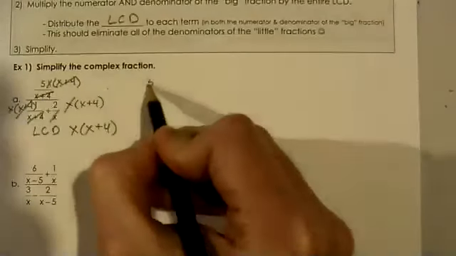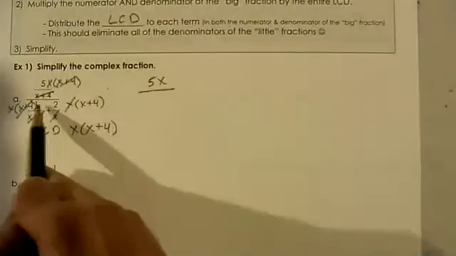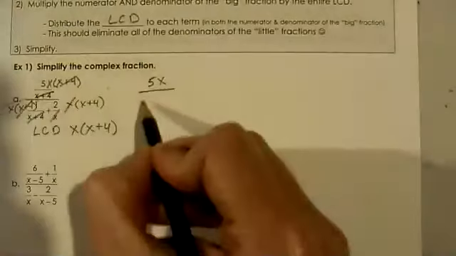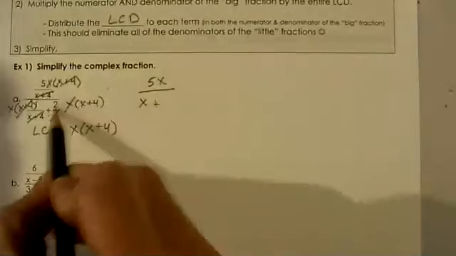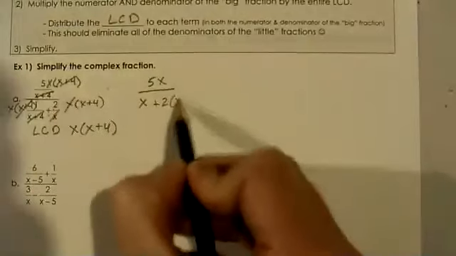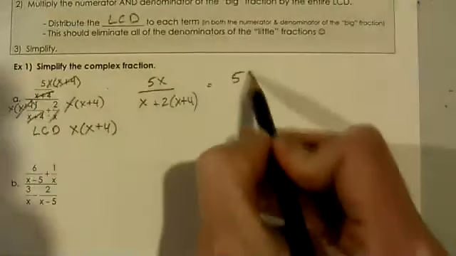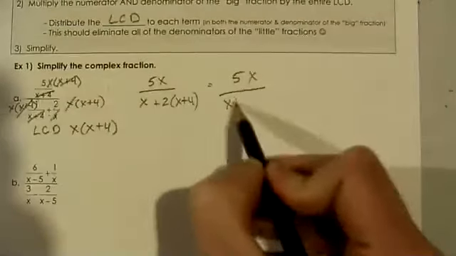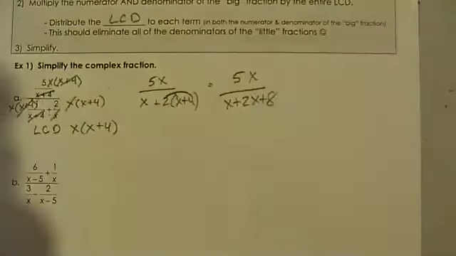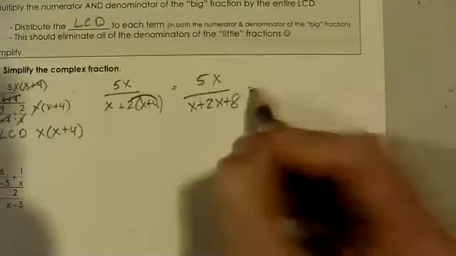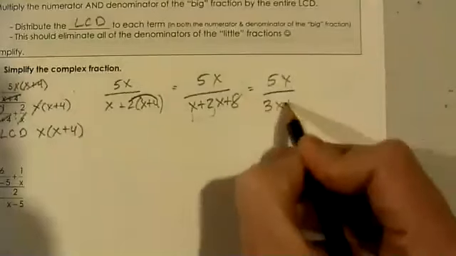So we're left with 5 times x, we're left with 1 times x, and we have 2 times x plus 4. So that's going to give us 5x plus x plus 2x plus 8, because you distribute that through. And your final answer, of course, is 3x plus 8.